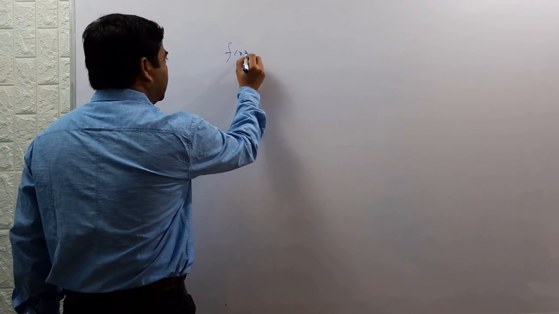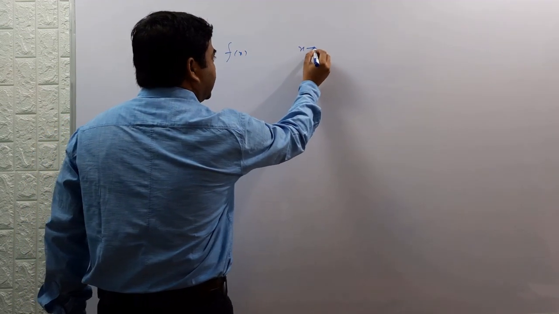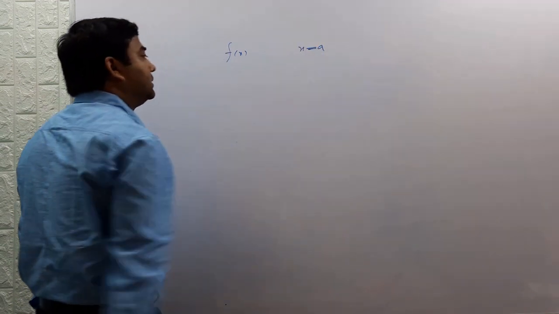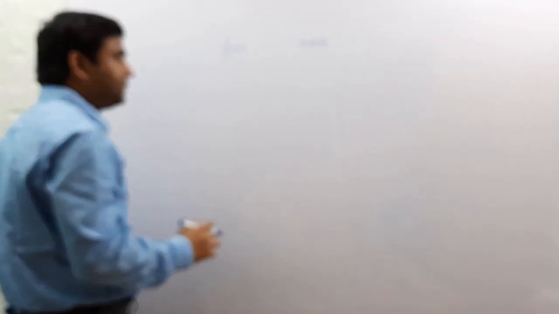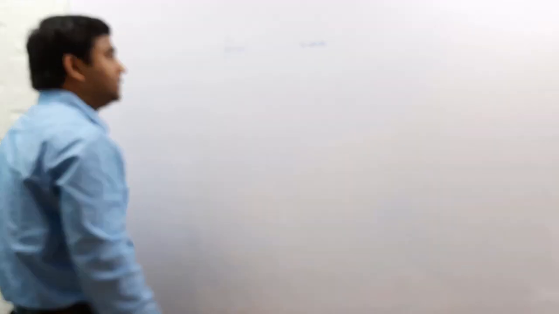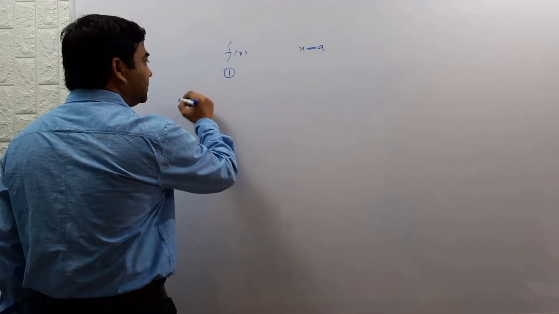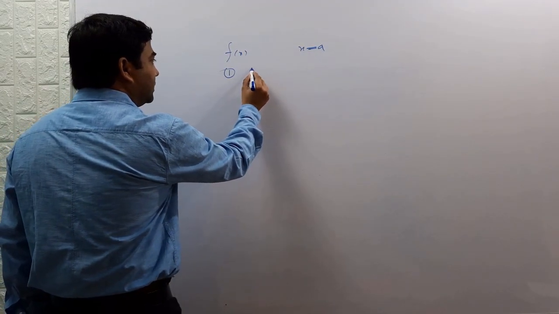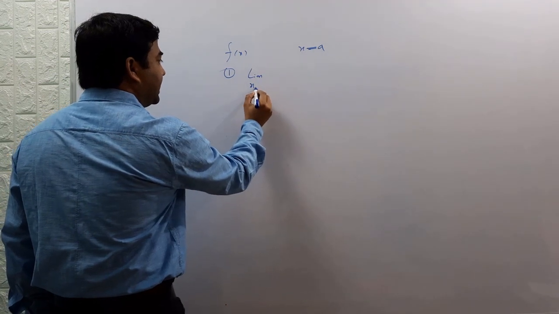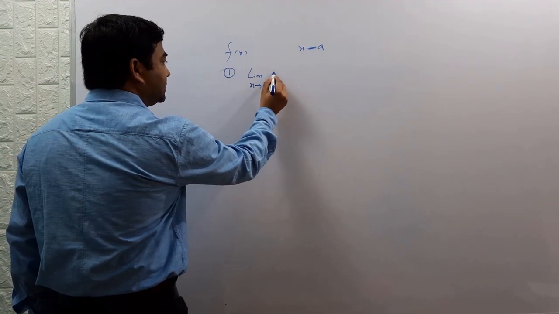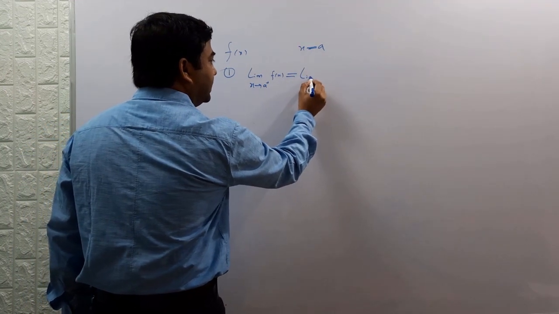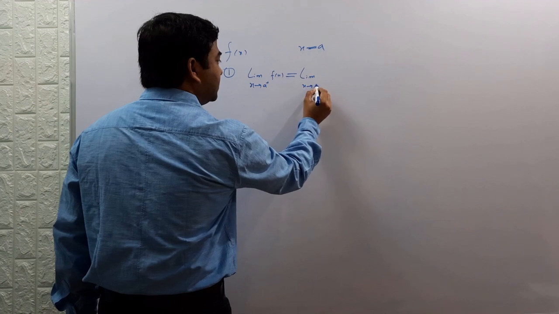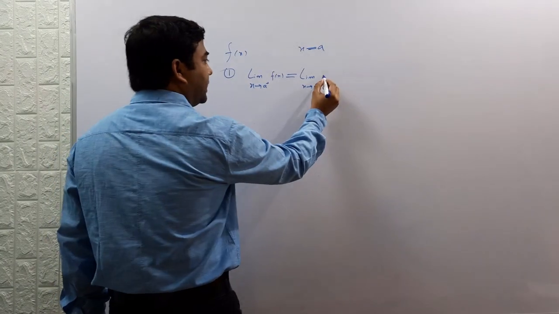For a continuous function f(x) at x equal to a, the function f(x) will be continuous at x equal to a when, number one, the limit as x tends to a plus of f(x) is equal to the limit as x tends to a minus of f(x).